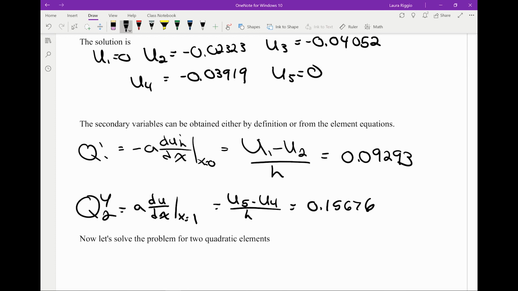Those are more accurate if you have a point source function f. Now, what if we were to solve the same problem assuming two quadratic elements? How would that look?